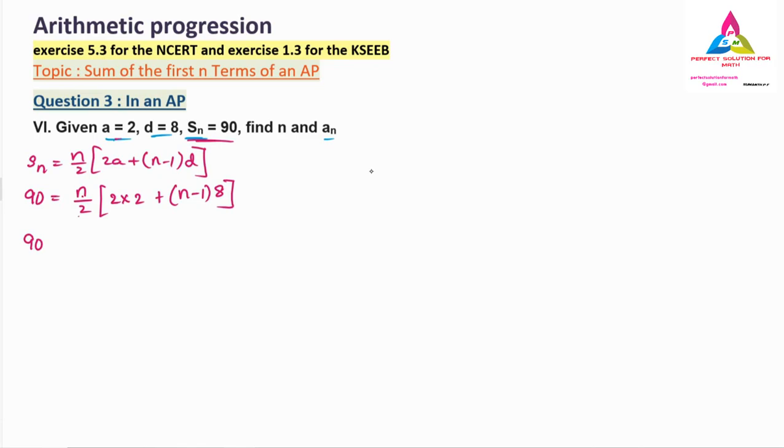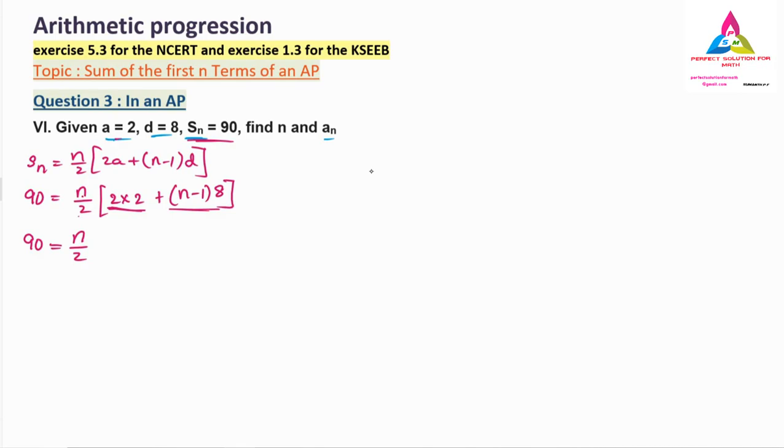One method, or second method, this 2 let it be here, we can cancel that. How can we cancel that? See here, n by 2 write down as it is. Here we have 2, yes, this is a whole one term and this is a whole one term. The two terms are here because n minus 1 is inside the bracket. So we can consider n minus 1 into 8 as one term, and 2 into 2 as one more term. What is common between this 2 into 2 and n minus 1 into 8?